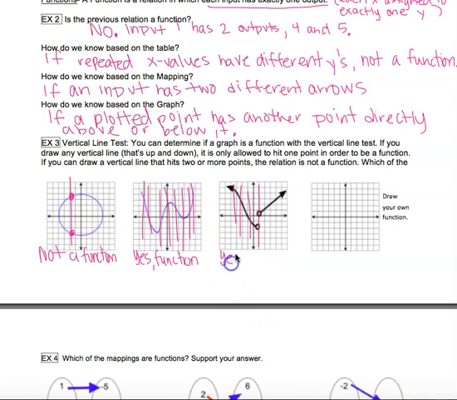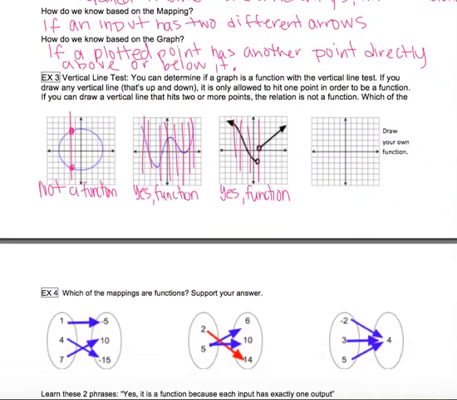So yes, it is a function. So now, in this space on your notes, I want you to go ahead and draw your own function. You can draw anything you want here, but make sure it passes the vertical line test so that it could become a function.